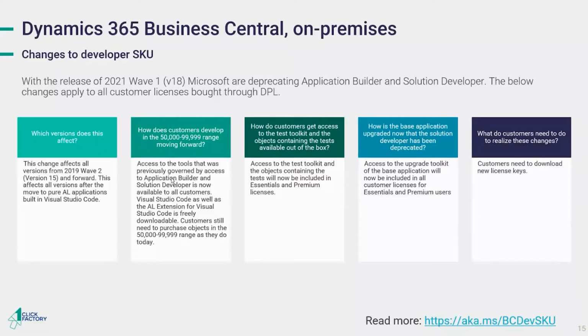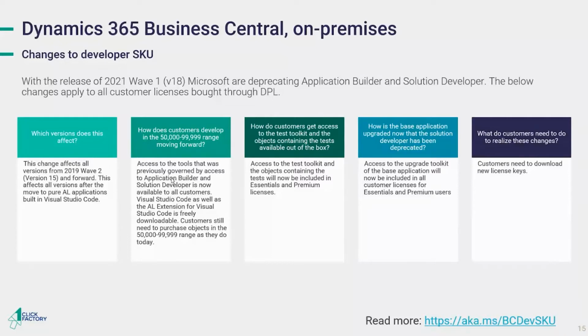This is not version related, but let's say it's starting from version 15 and forward. It's more time related. So customers will be able to develop in the custom range without any additional licenses.